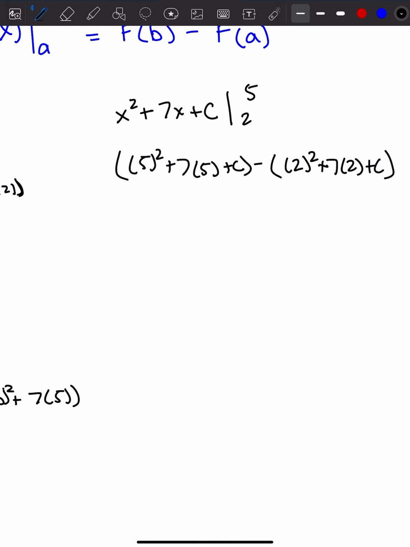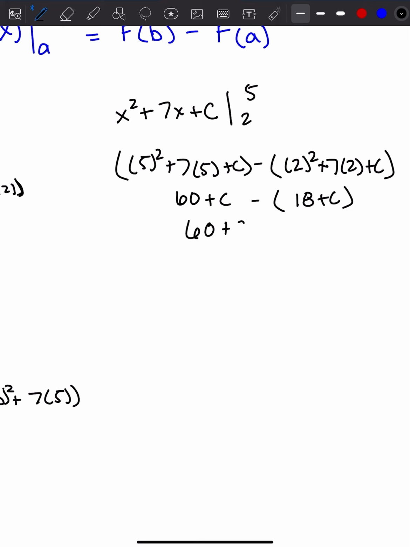And then if I were to simplify this, I get the 60 like I had before, the 18 like I had before. You may notice that I kept the parentheses on that second one, and it's because we have subtraction, so I need to distribute that subtraction.